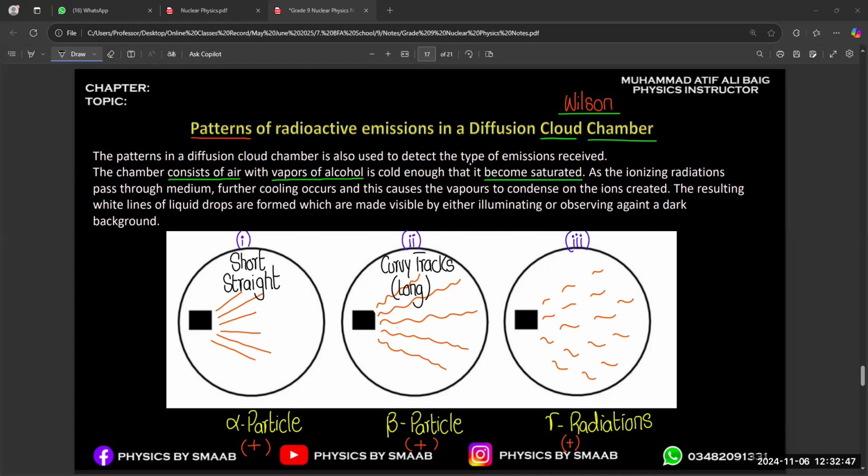So we can say short and broken, curvy tracks. So this is the concept of the Wilson cloud chamber.